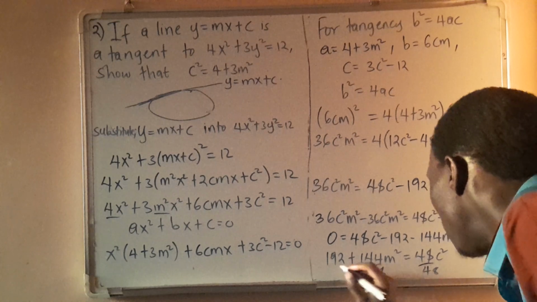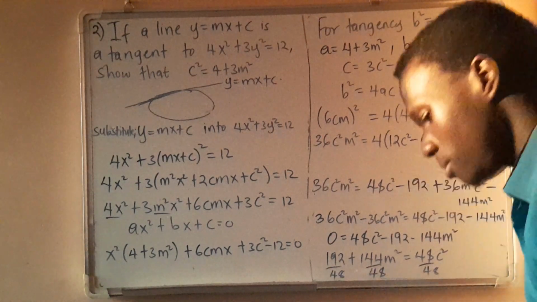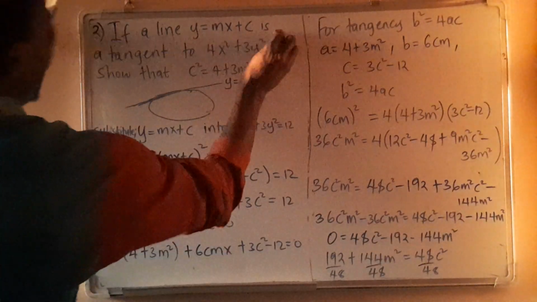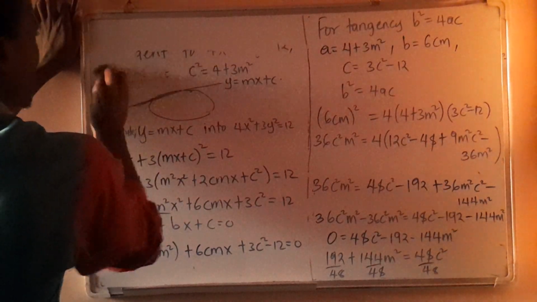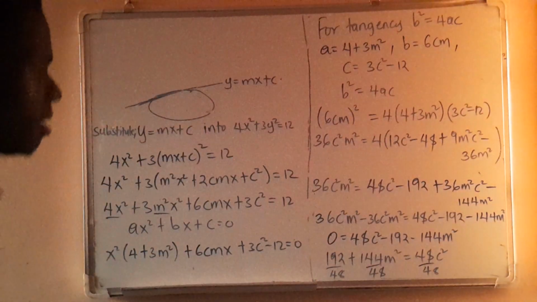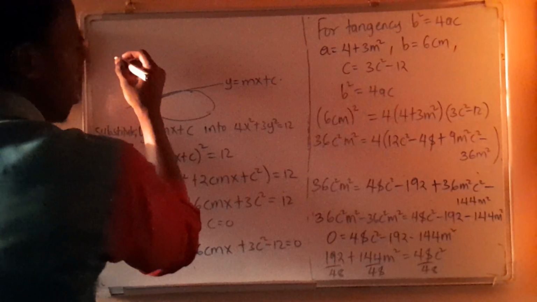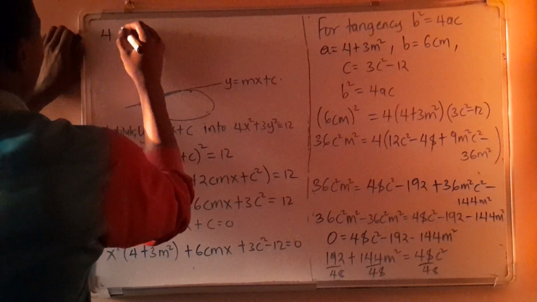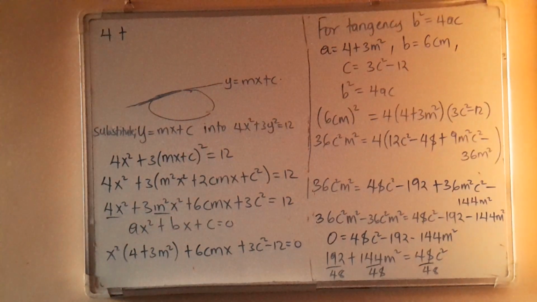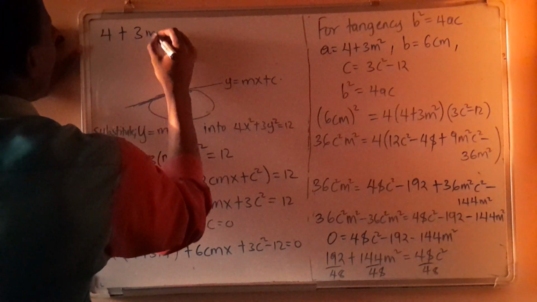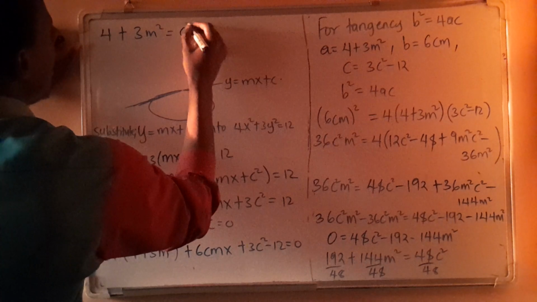If I divide throughout by 48, 192 divided by 48, I get 4, plus 144 divided by 48, that is plus 3m squared. This is equal to c squared.